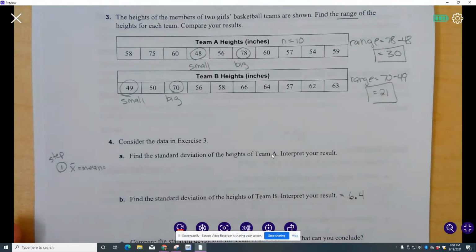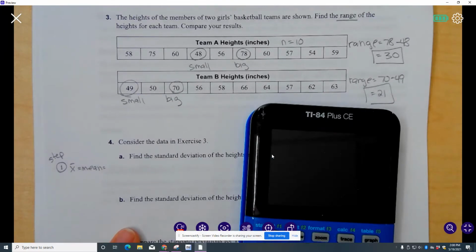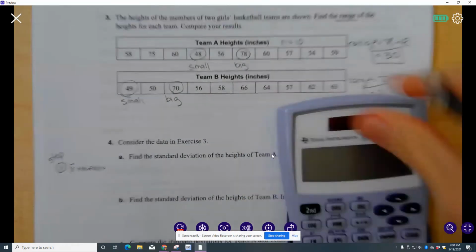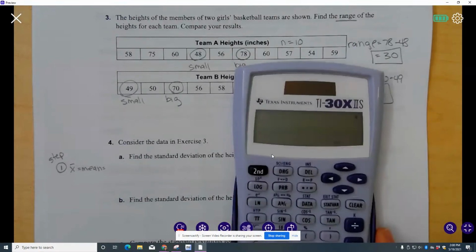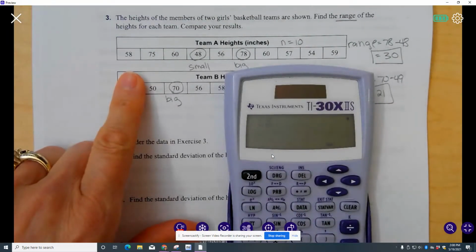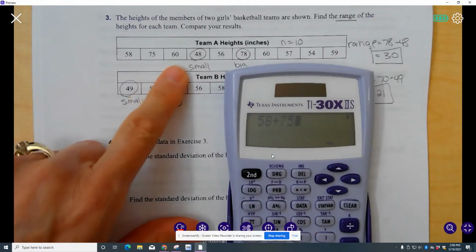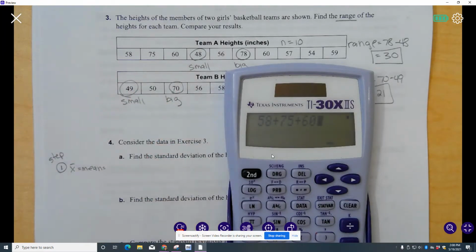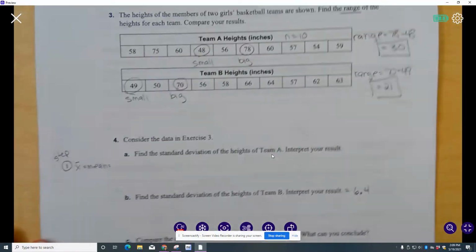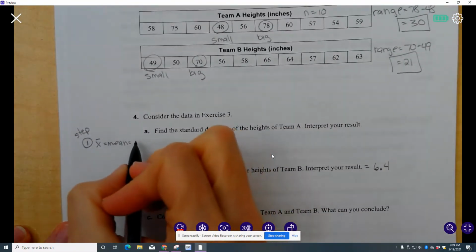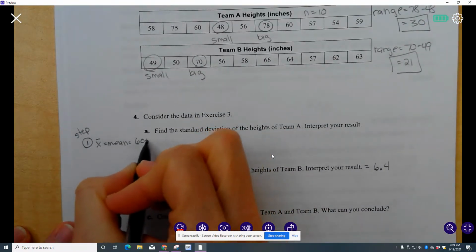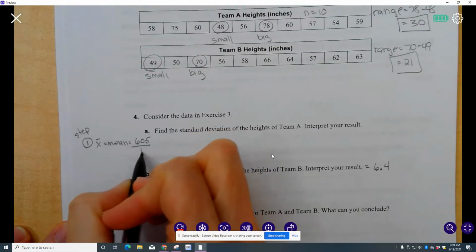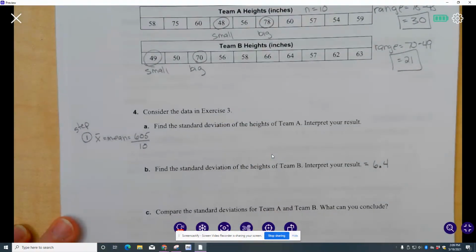Now, you don't have to write everything that you're adding up here. It's okay when you're doing your homework and your quizzes and your tests if you just start adding these in your calculator. You're going to want to put them in carefully. But when you get your total, which in this case, I did this already, my total was 605, and then my mean will be 605 divided by 10.